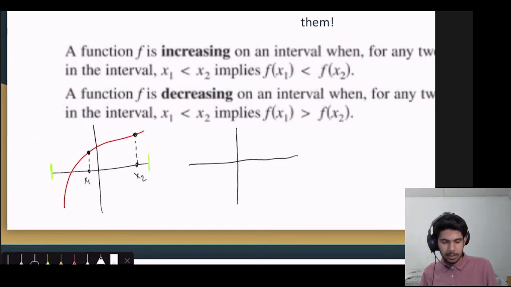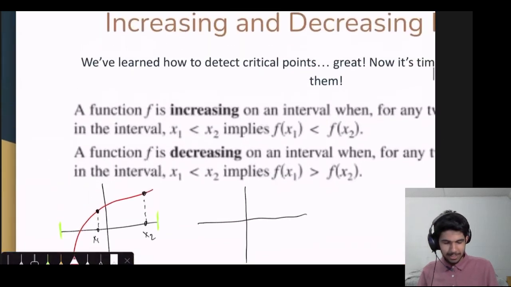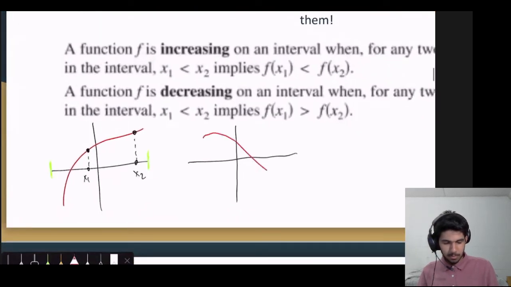Something like this. Let me do it in red. So this, by the looks of it, is decreasing. Let me just specify the interval as well.